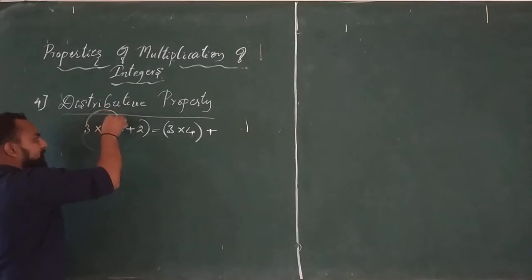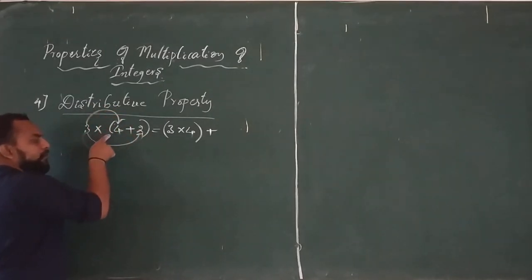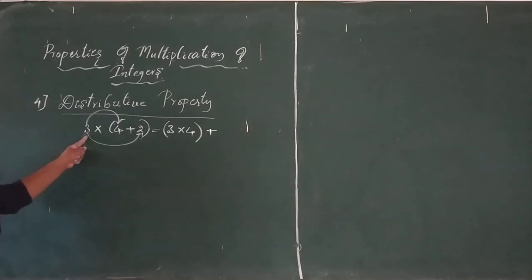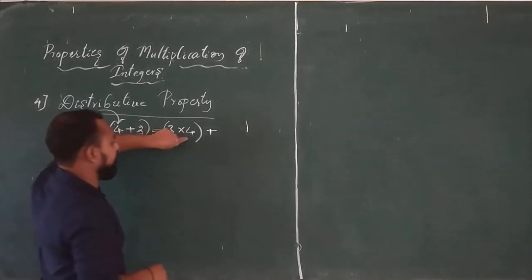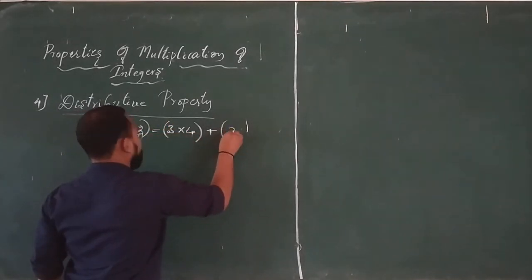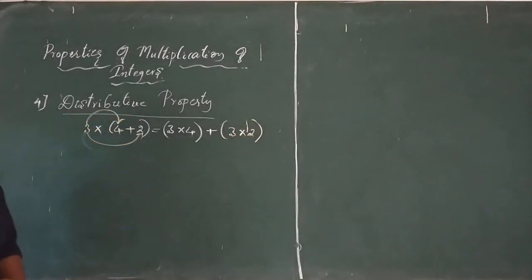First multiply 3 into 4, then multiply 3 into 2. Multiply 3 to the whole bracket. Then this is the distributive property.